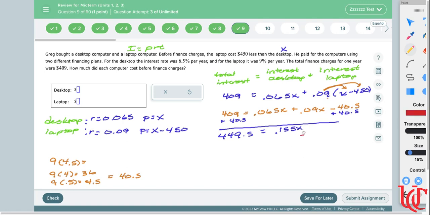Then we're going to divide by 0.155. Just because I like to see my math out as fractions, this is the same thing as 4495 over 0.155, which is 1 and 2 more spaces, 1, 5, 5. I would reduce by 5s, and we will simplify, and then hopefully it'll divide nicely.